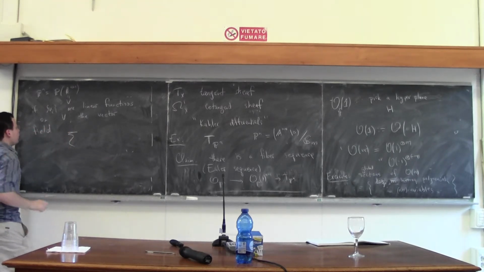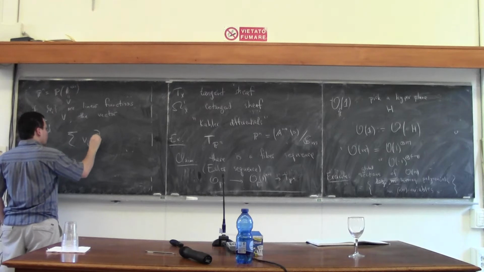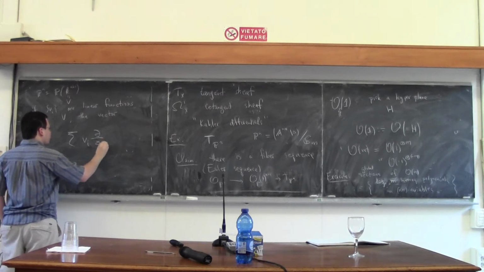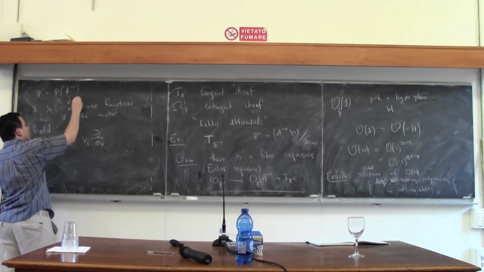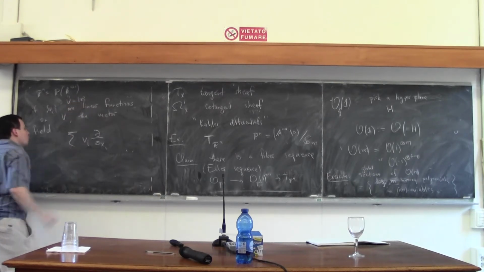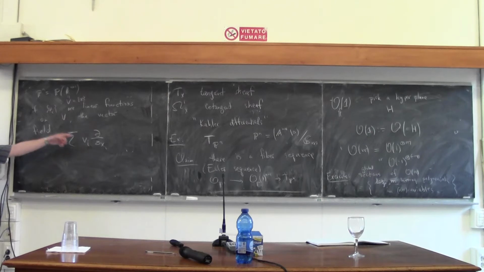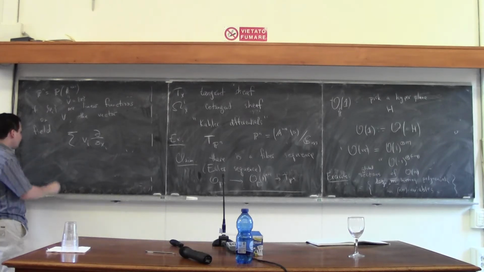So we can consider the vector field Vi a d dxi. The xi are, remember, the coordinates on V, so we need n linear functions. So this vector field descends.